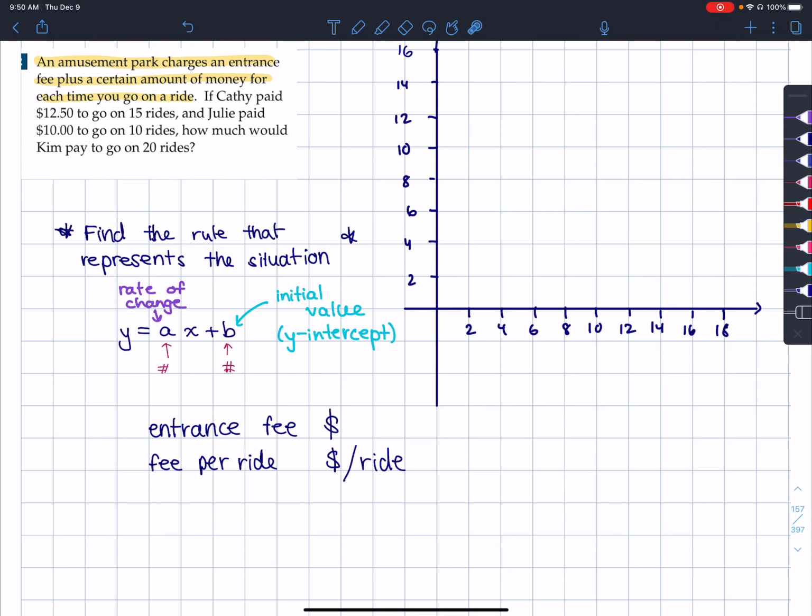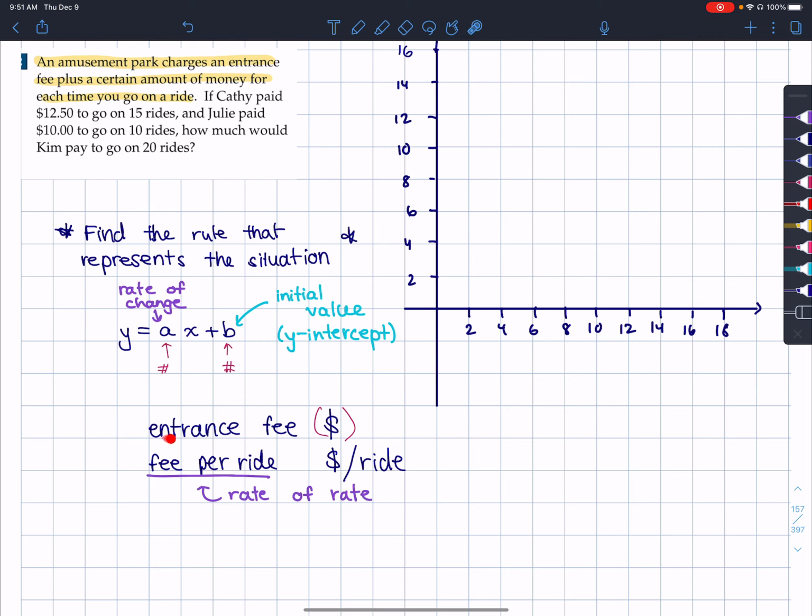Entrance fee is going to be dollars. Dollars per ride, that's your fee per ride. That's a rate. And that's what gives it away, that the fee per ride is going to be the rate of change. It's the way that your amount of money is changing. So fee per ride, that is your rate of change.